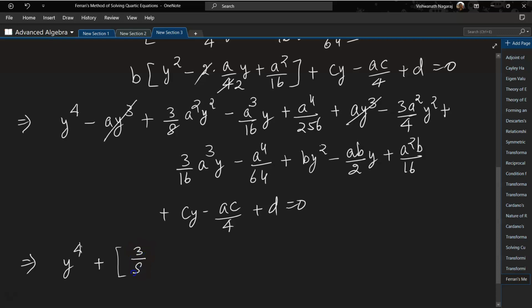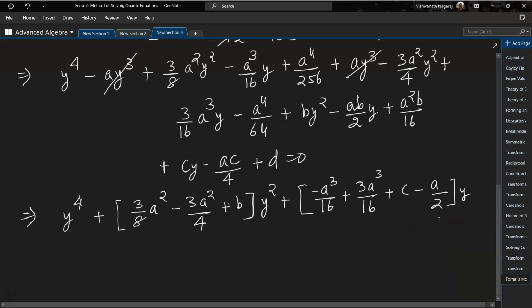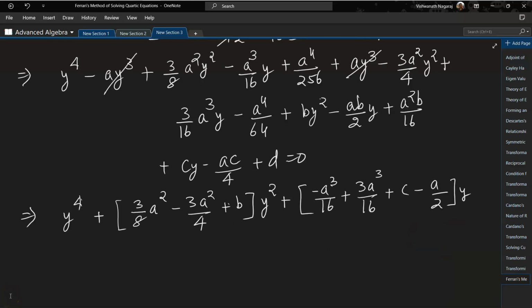So 3 by 8 a square minus 3a square by 4 plus b, times y square, plus. Now we'll group y. This is minus a cube by 16 plus 3a cube by 16 plus c minus ab by 2.